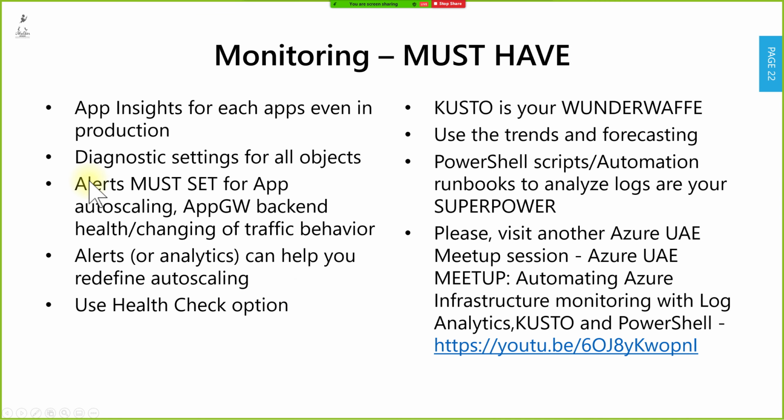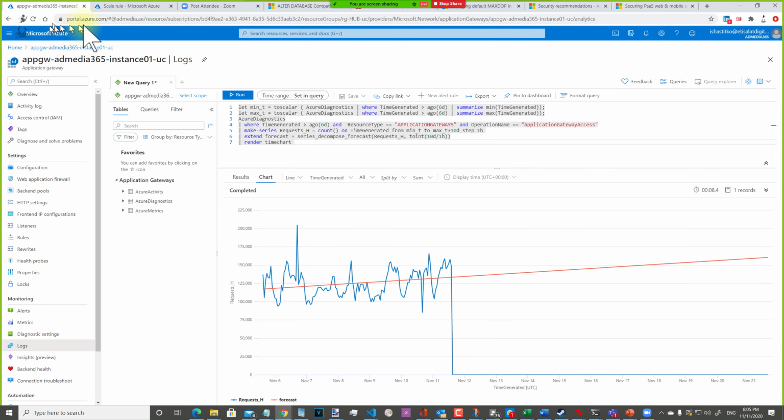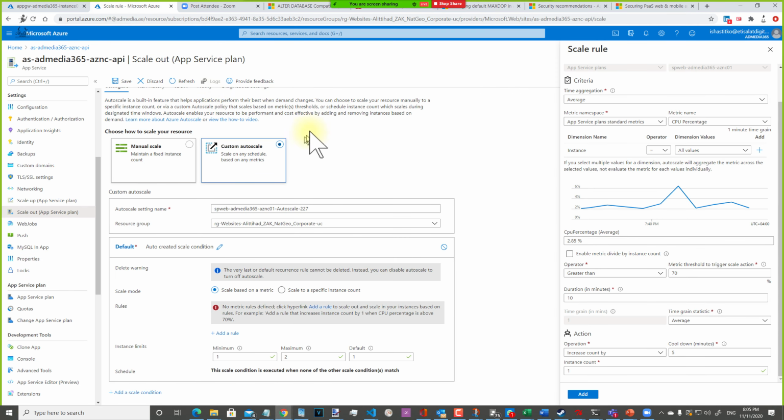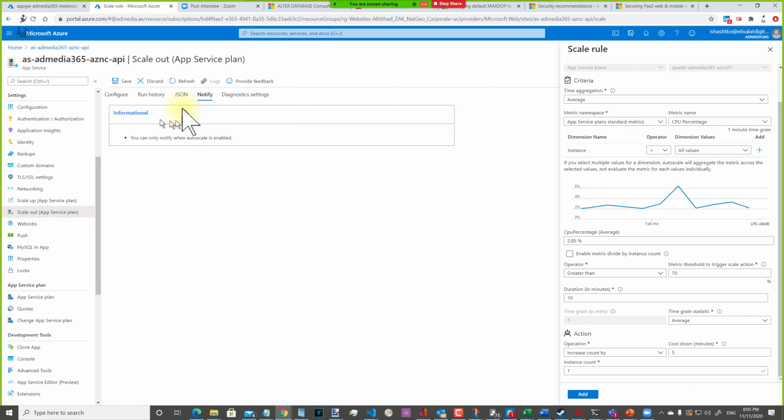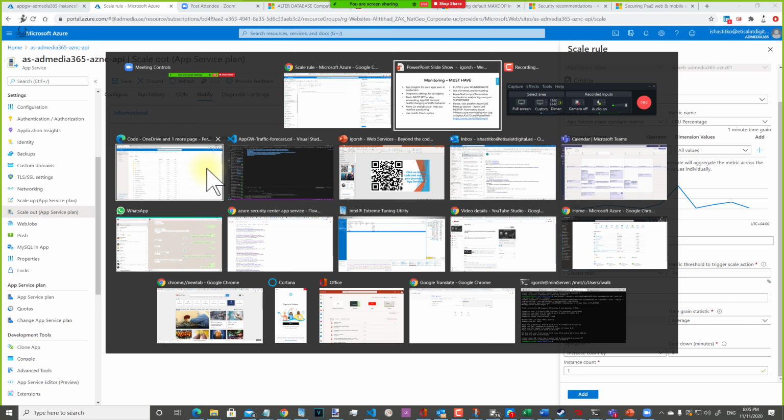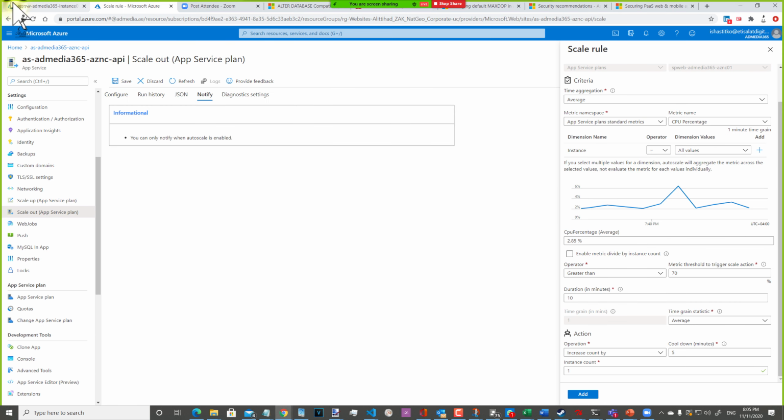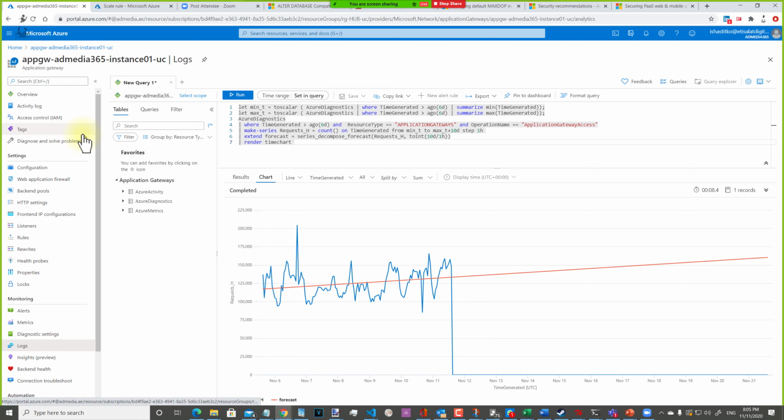You must have alerts for application scaling. It's possible. You will find the application here, notify, and you can configure it if you have the system. At the same time, you will need to have alerts, for example, for the WAF.